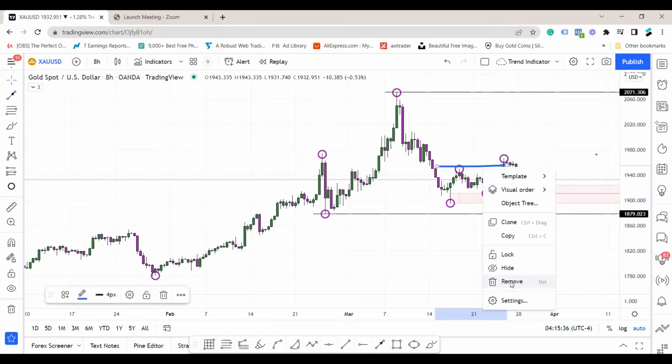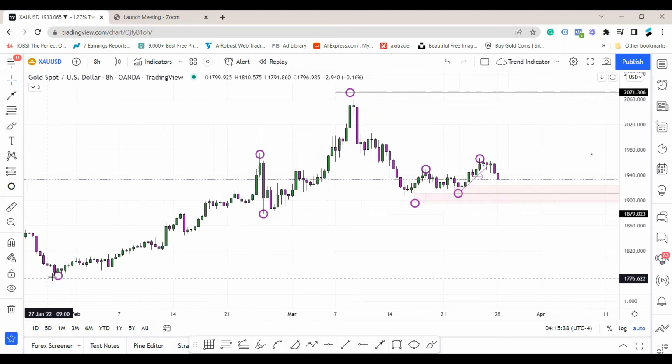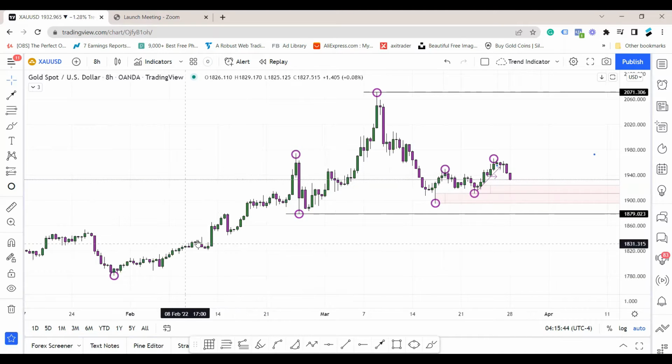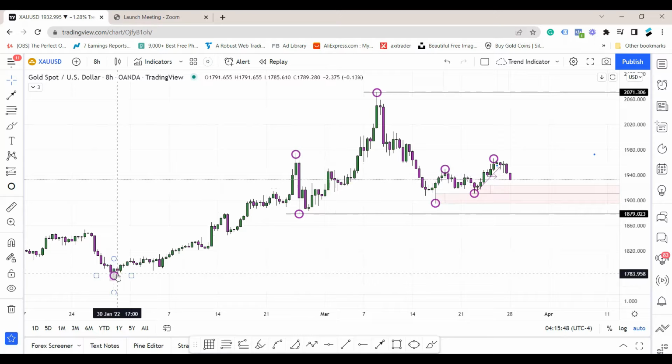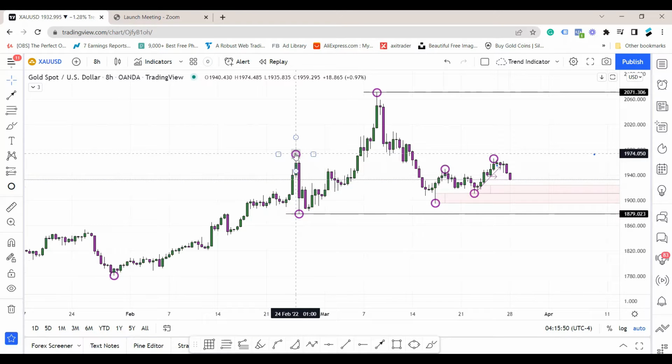Nevertheless, even though we don't look at this point, sometimes we need the structure point, the low, to show us what the market bias is. So you can see that we have a low, we have a high, we have a retracement.